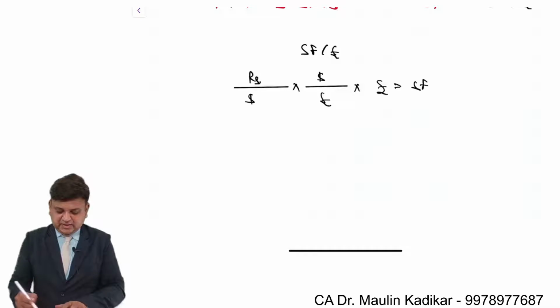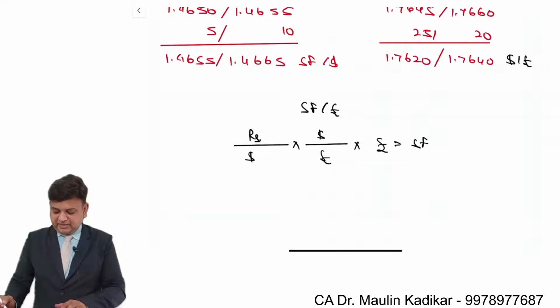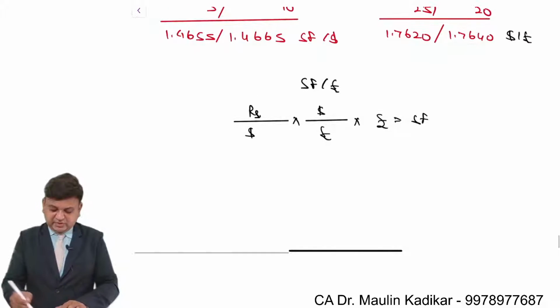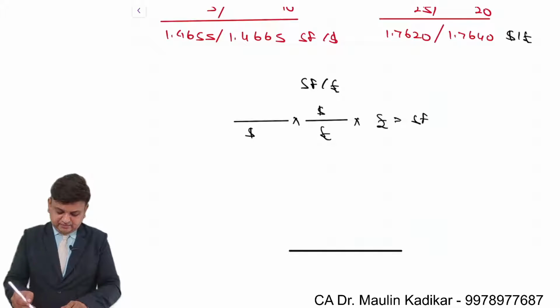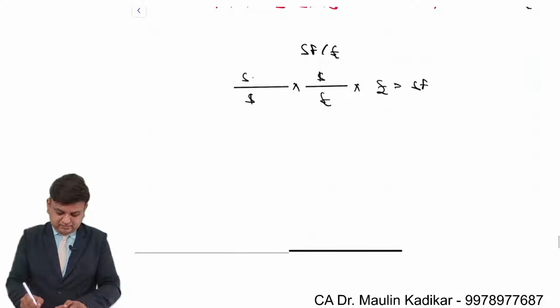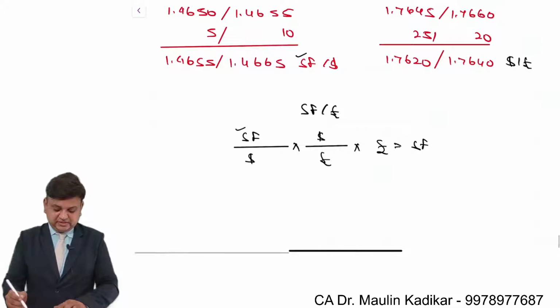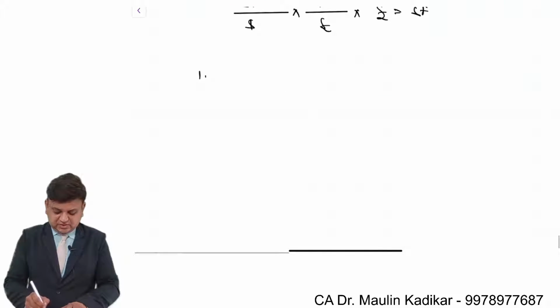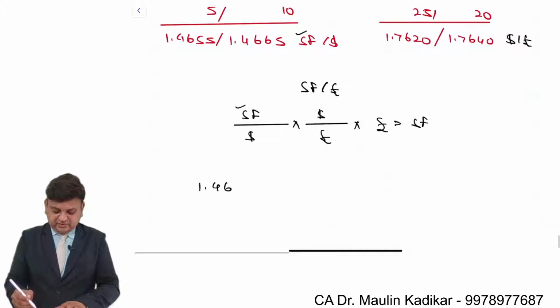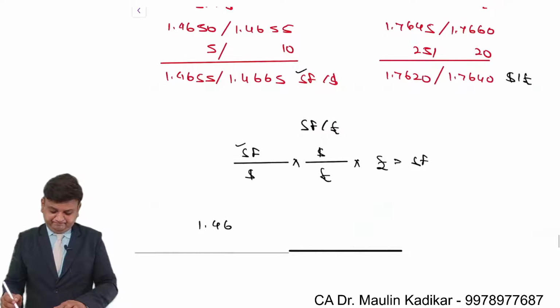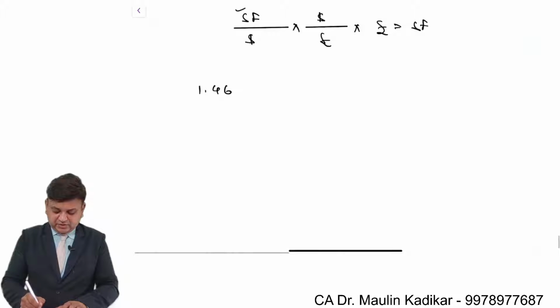Against dollar, I'm sorry, Swiss franc currency is given. We want Swiss franc per dollar, the same is given. So we'll keep it as it is. 1.4655.